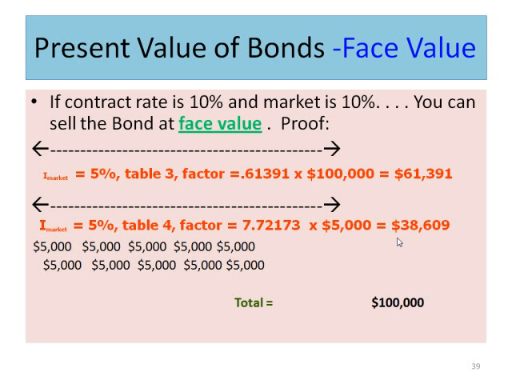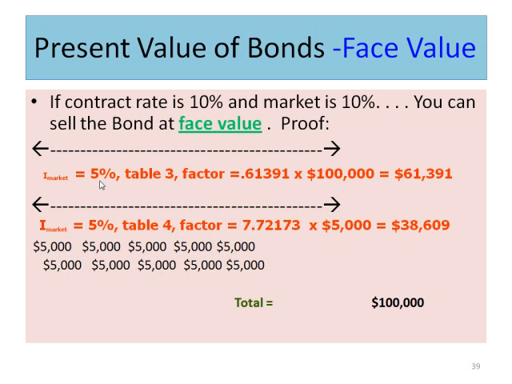All right, now let me demonstrate this for you. The first line is for a single amount, so we're going to use table 3. We're going to use as our interest rate 5%. We took that 10% and divided it by 2 because we're paying interest twice a year. And your number of periods is 10.